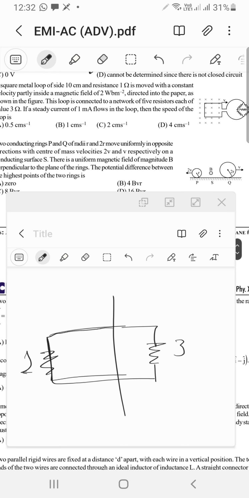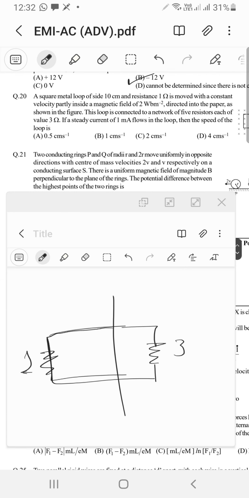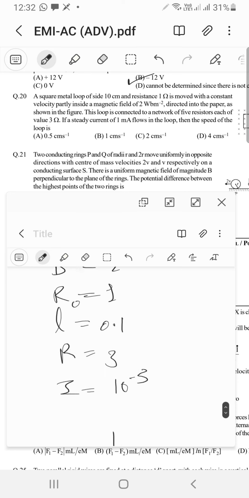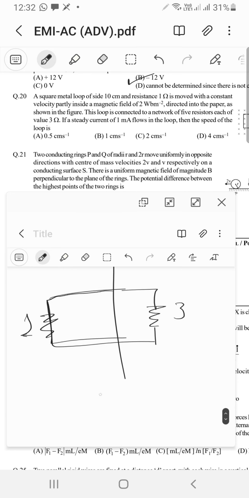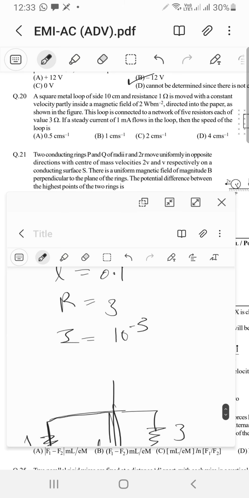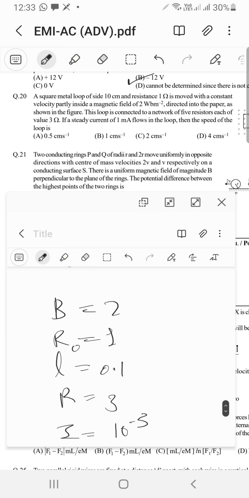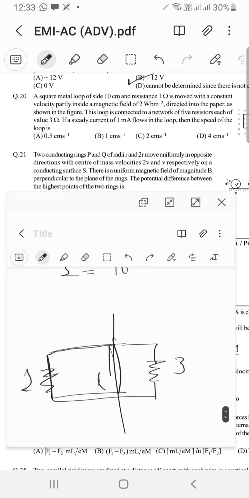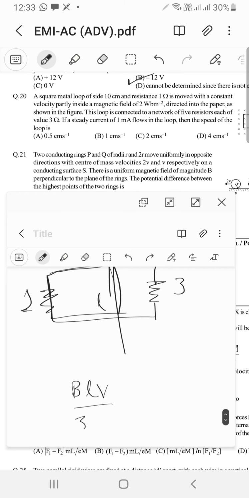So we don't know the velocity, we want to figure that out, and we know the current and stuff. Yeah, so B times L times v, that's going to be the flux change. So this is the potential upon the total resistance, which is in this case 3 plus 1, right?